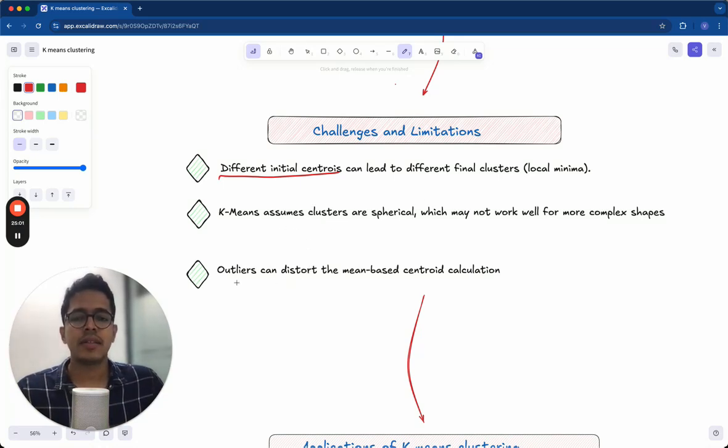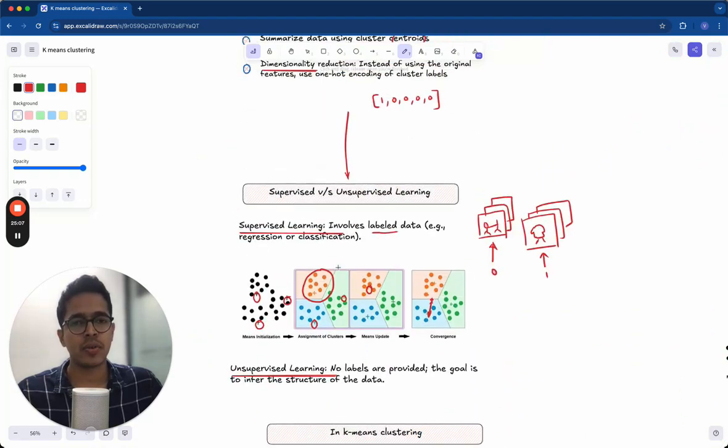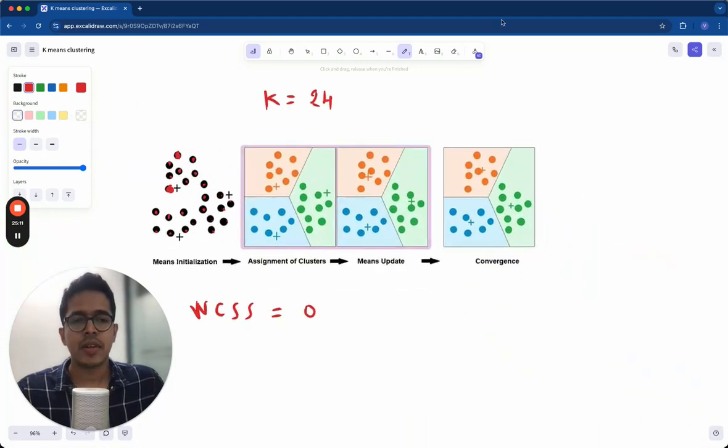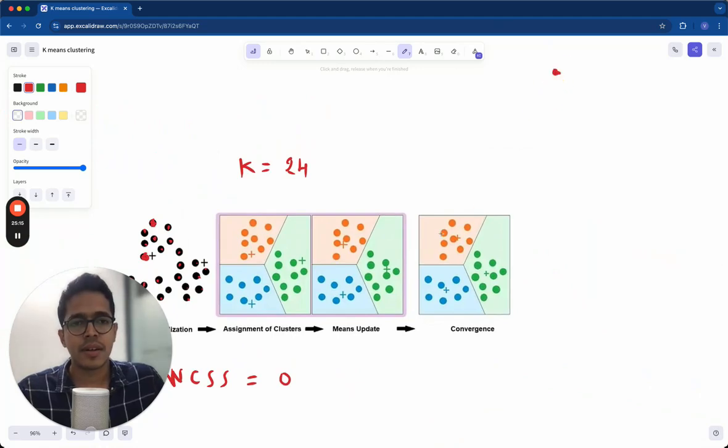And then another one is outliers. There can be a value that is significantly far away from all the other points. So if we go back to our example, let's say you have a data point somewhere here. You have the X and Y axis like this, and all the points are over here, but just one point is over here.